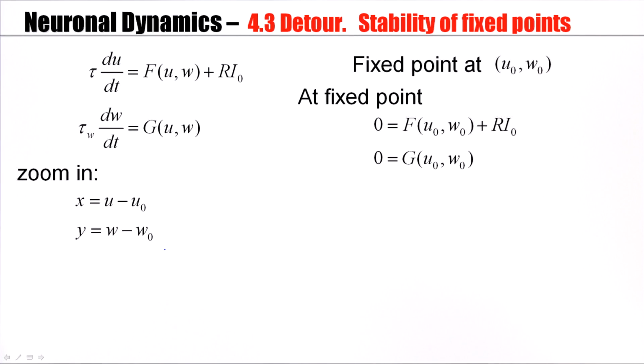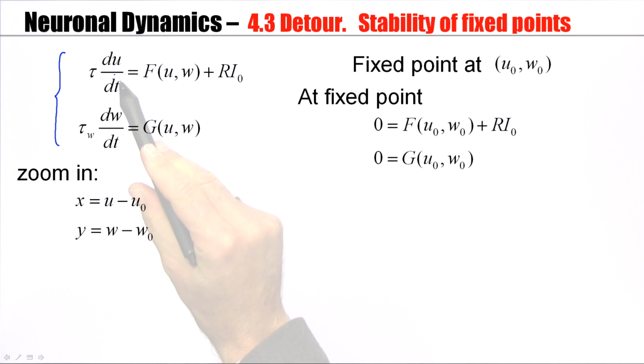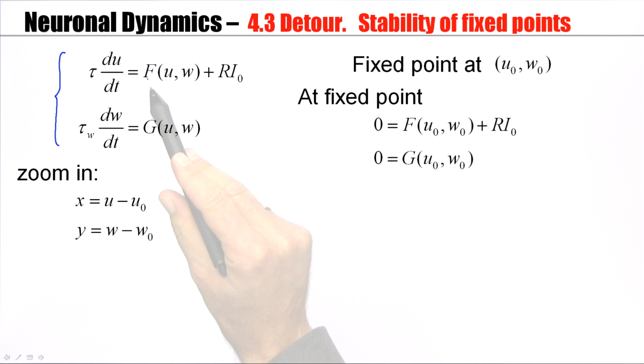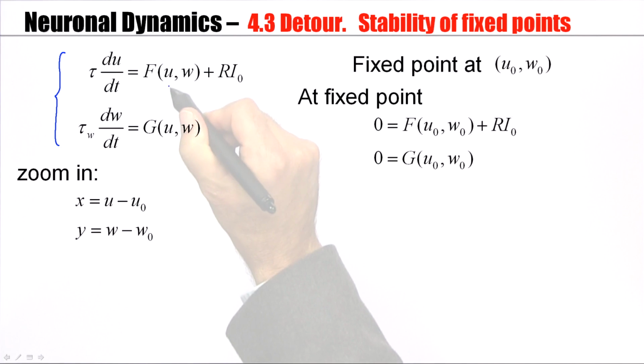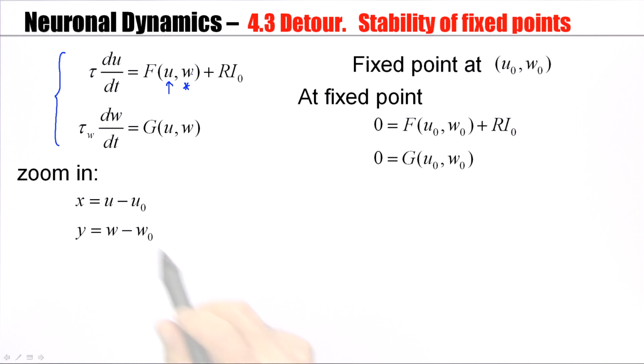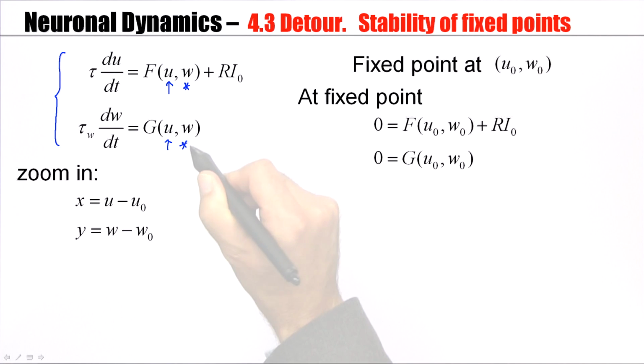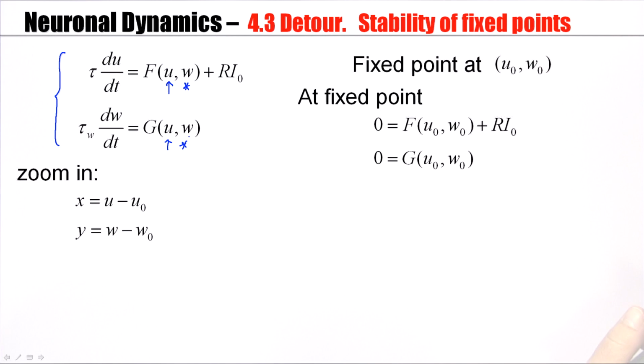So this is my arbitrary two-dimensional system of differential equations. The change of voltage u is given by some function f, which depends on the two variables u and w. And for the w variable, it also depends on the two variables, u and w. Now, at the fixed point, I will have a certain relation.